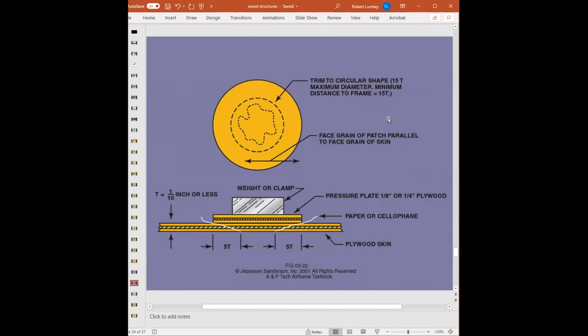So once again, the plywood can be really, really thin plywood. And let's say we have a hole, right? There are many different ways we could repair this, but one method is called a splayed repair.